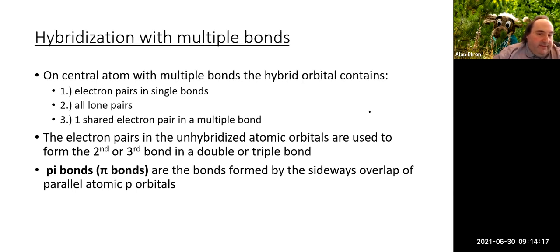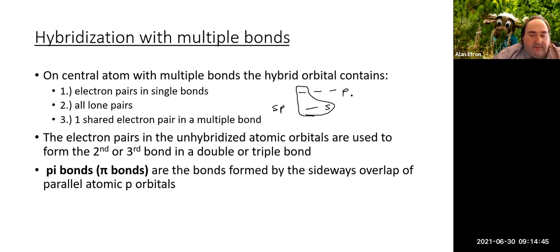If you remember, for example, when we looked at sp hybridization, you basically have 2 unhybridized p orbitals, right? So if you think about sp hybridization, what does that mean? Going back to the basics, it means that we're going to hybridize an s orbital and a p orbital.